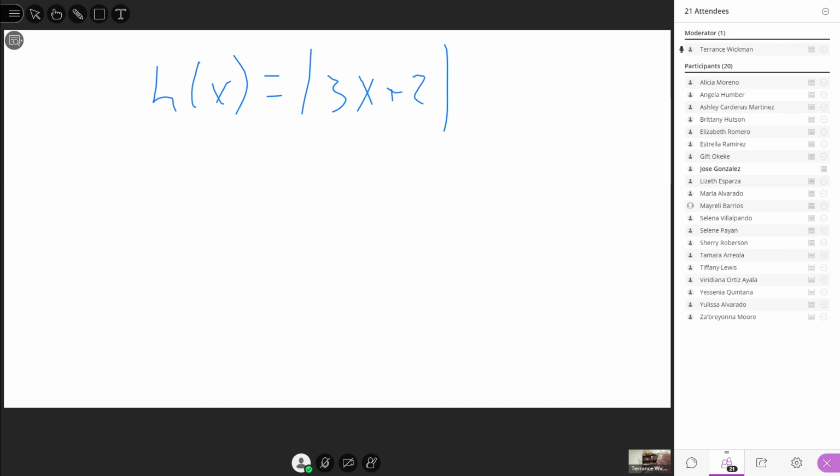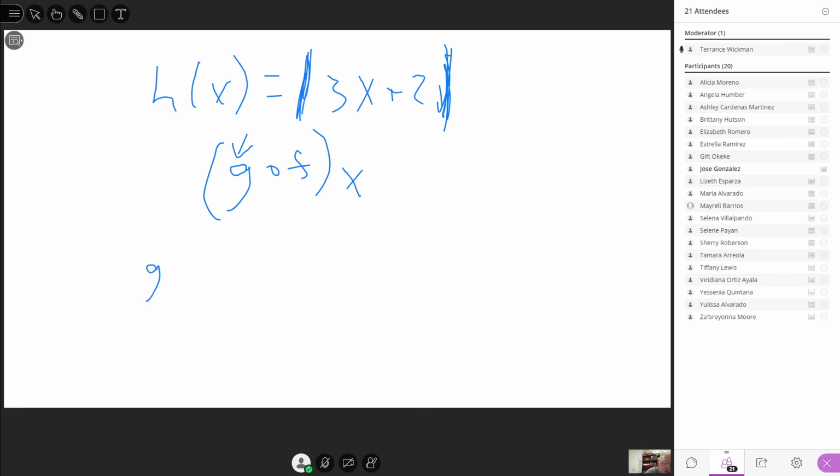When you look at what's to the right of h of x, you see two things. You see an absolute value and a number inside it. They want us to create a g of f of x situation. That means the g must come first. Well, g is the absolute value thing.